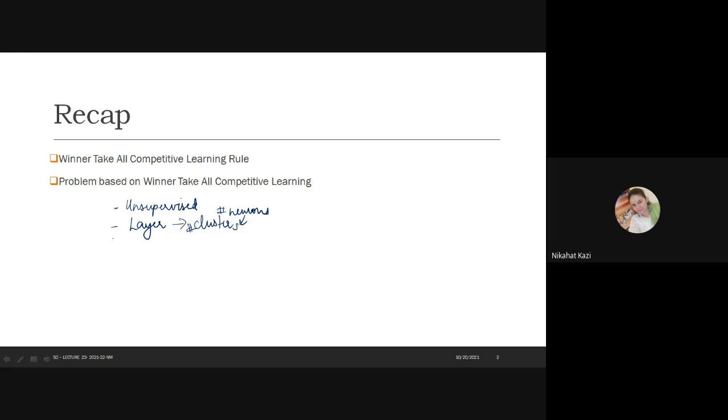Okay, and how do we proceed with the algorithm? What is the first step? You find out the winner, right? You find out from this layer which is the winner, right? And what is the contention, or how do you decide who is the winner?